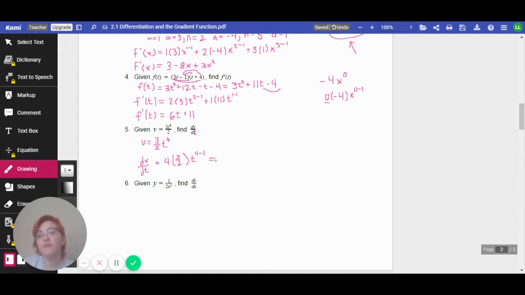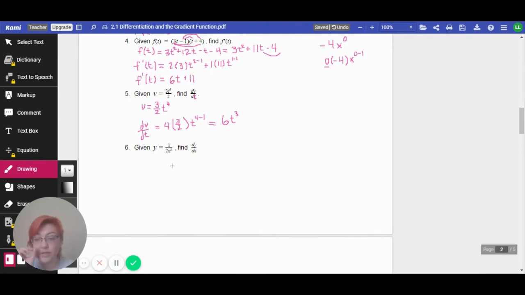All right, 4 times 3 over 2. 4 times 3 is 12, divided by 2 is 6. T and 4 minus 1 is 3. There's my gradient function. Let's do one more.